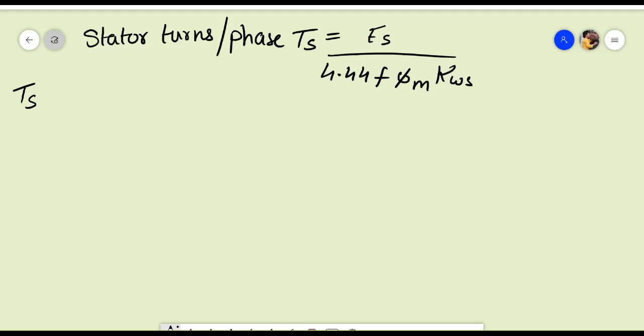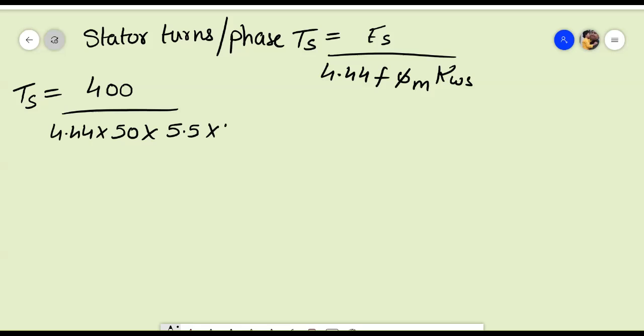The value of TS will be equal to 400 divided by 4.44 multiplied by the frequency, which is 50, multiplied by the flux 5.5 into 10 to the power minus 3, multiplied by the winding factor 0.955.